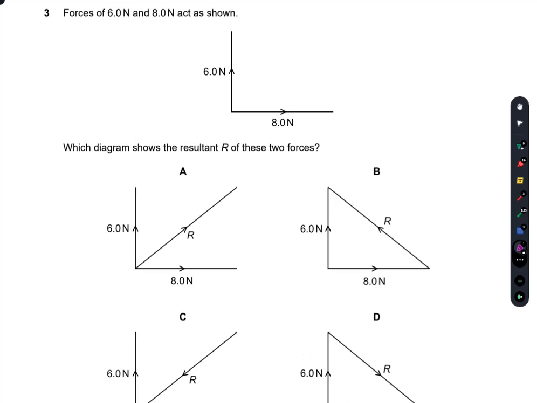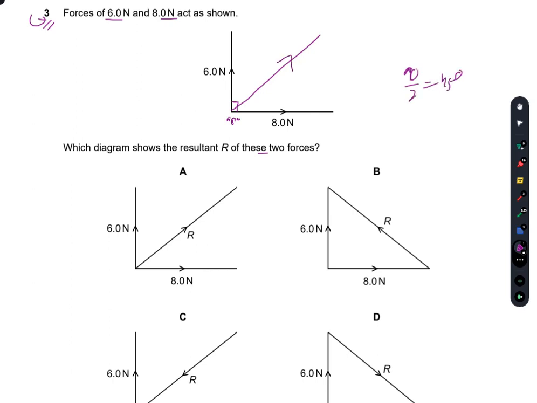Question number 3, very easy question. Forces of 6 newtons and 8 newtons act as shown. Which diagram shows the resultant of these two forces? Here you can see that this is a right angle triangle, so the angle here is 90 degrees. You can construct a resultant force which divides this 90 degree angle into two, so 45 degrees each.